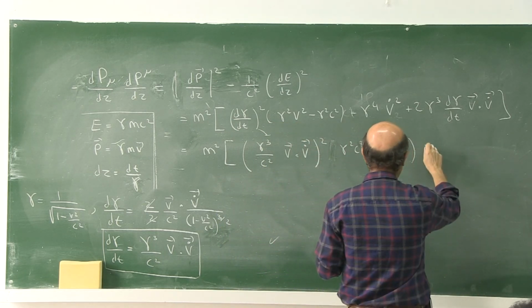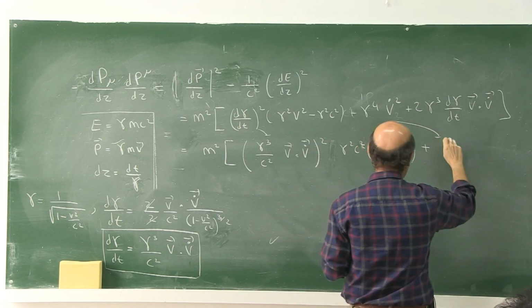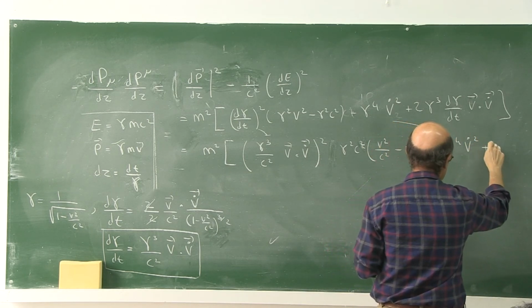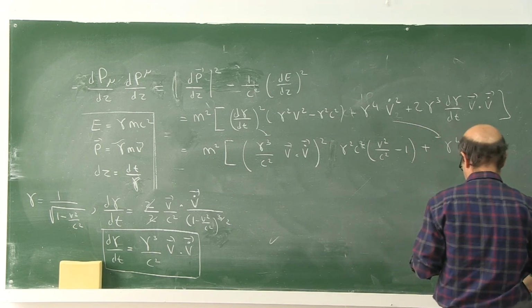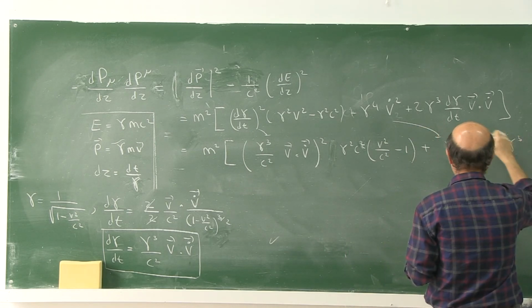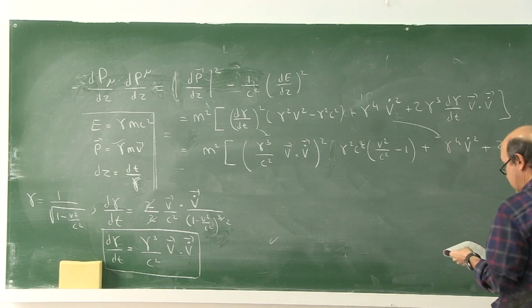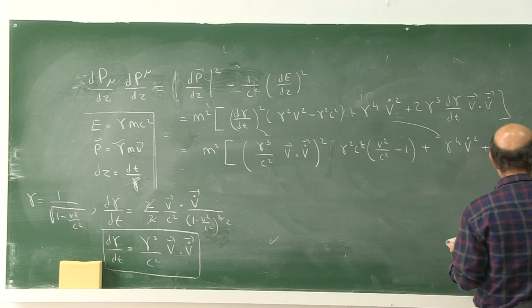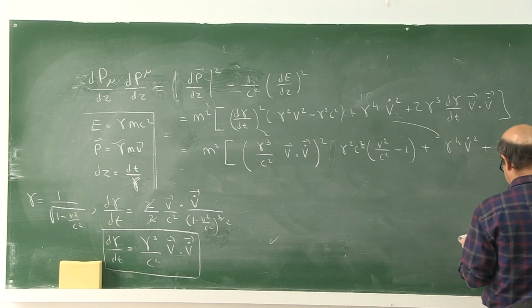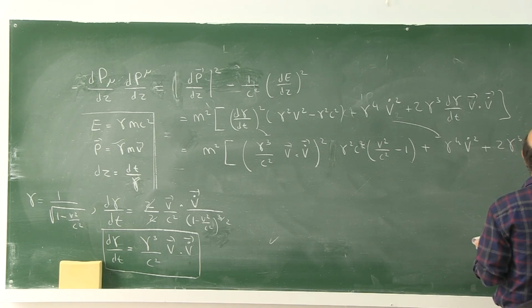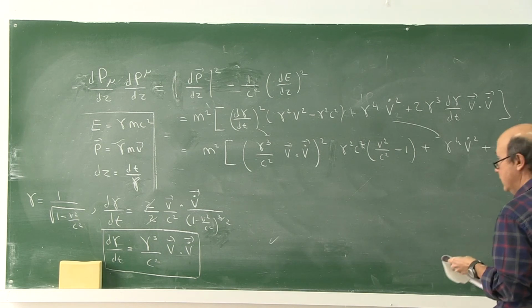So the other term in here, gamma to the 4 v dot square, plus 2 gamma cube, this term, and d gamma over dt there, that is gamma cube over c square v dot v dot.